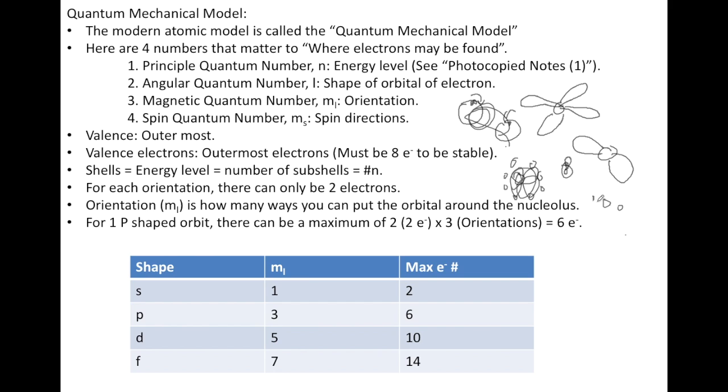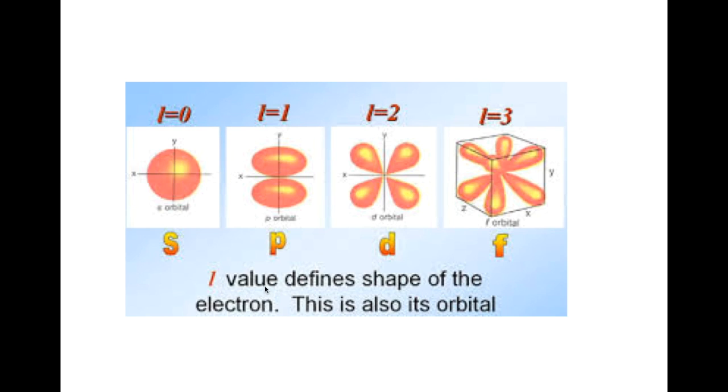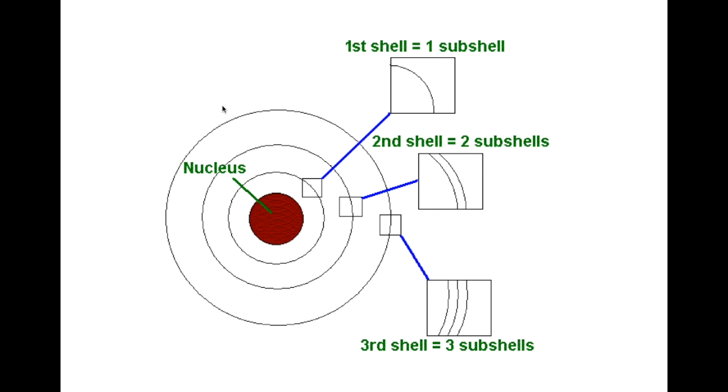What I should be saying is 2 valence electrons, which is the electrons on the outermost shell. I don't know if I explained this clearly, but the outermost shell, in this case, is going to be this shell over here.